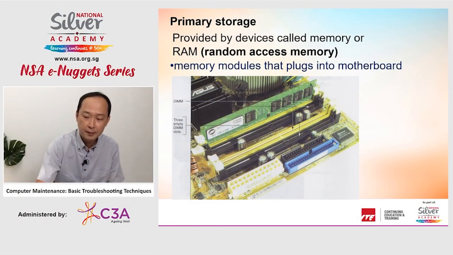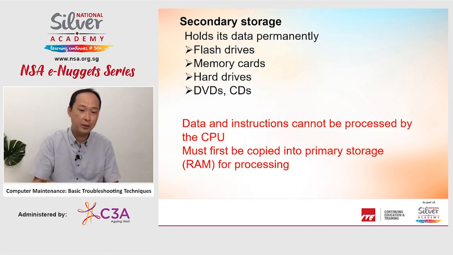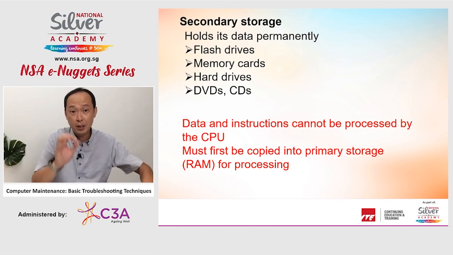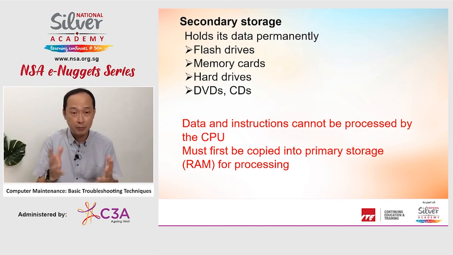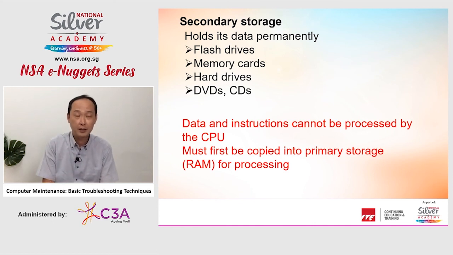Okay, so secondary storage holds data permanently, compared to the RAM itself. So we have the flash drive, we have the memory card. The memory cards are just typically storage cards, like for your phone. You add on a storage card, a micro SD or SD card, onto your phone for storage. So do remember, never store your data or backup files in your main hard disk.